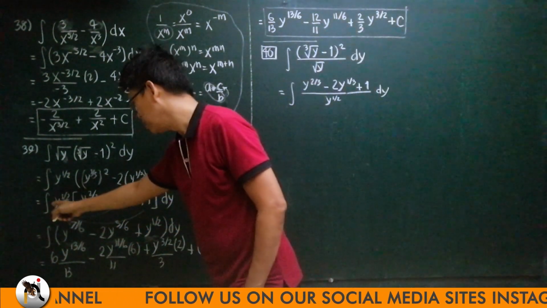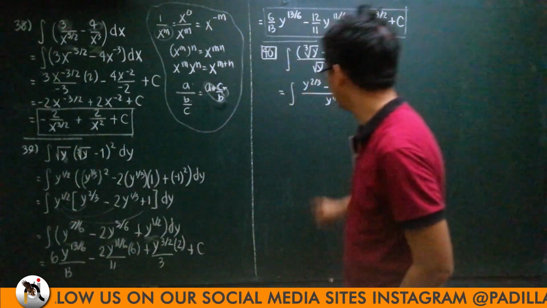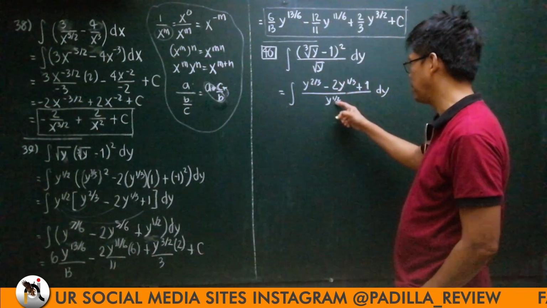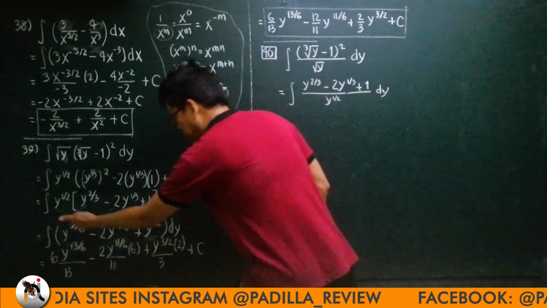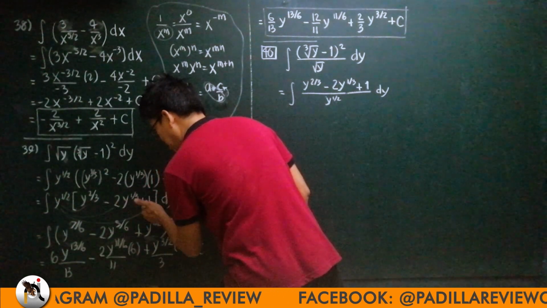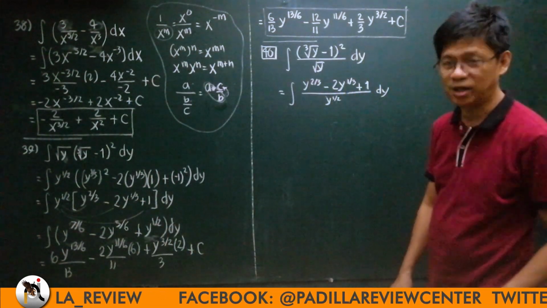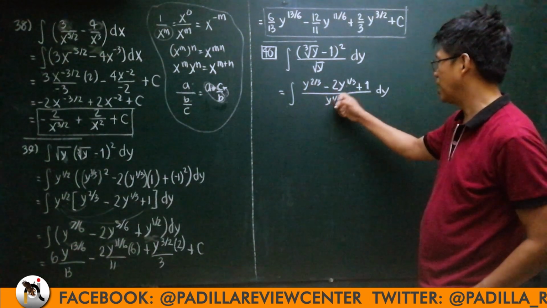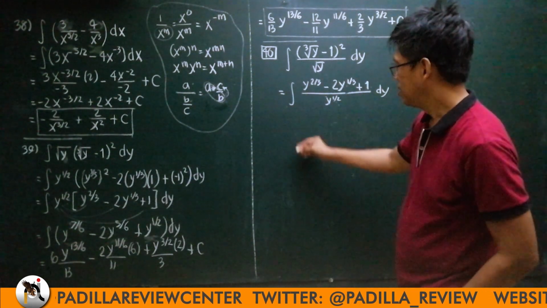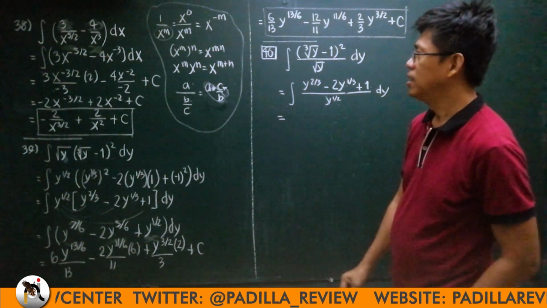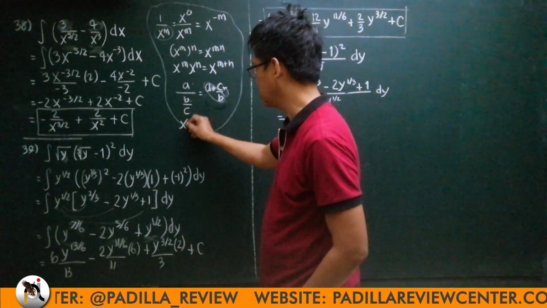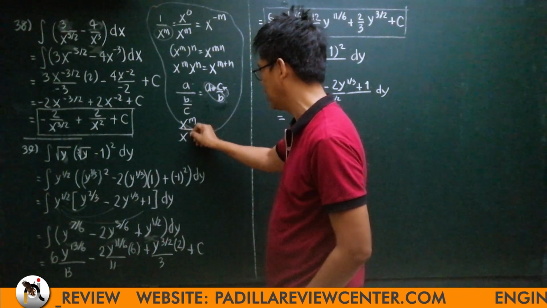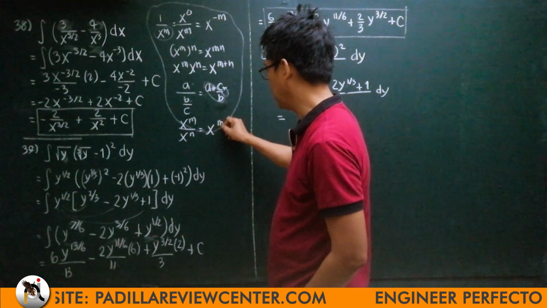Instead of distributing inside, you divide each of them by y to the 1/2. Here, we bring it in by multiplying every term by y to the 1/2. Here, we divide everything by y to the 1/2. Remember when we divide, x to the m over x to the n is x to the m minus n.